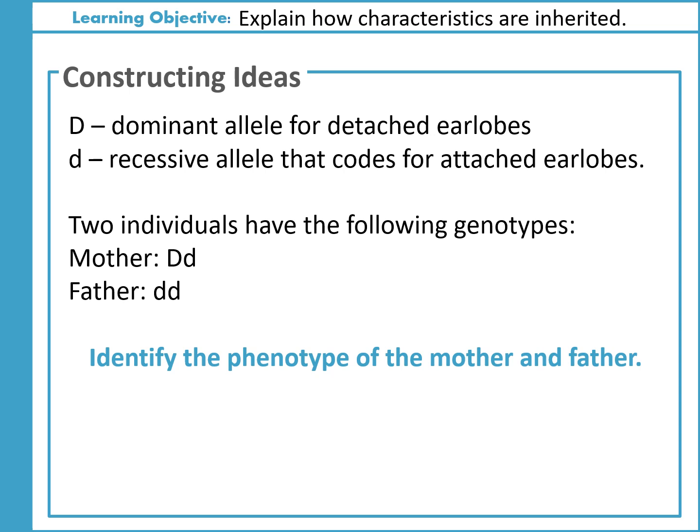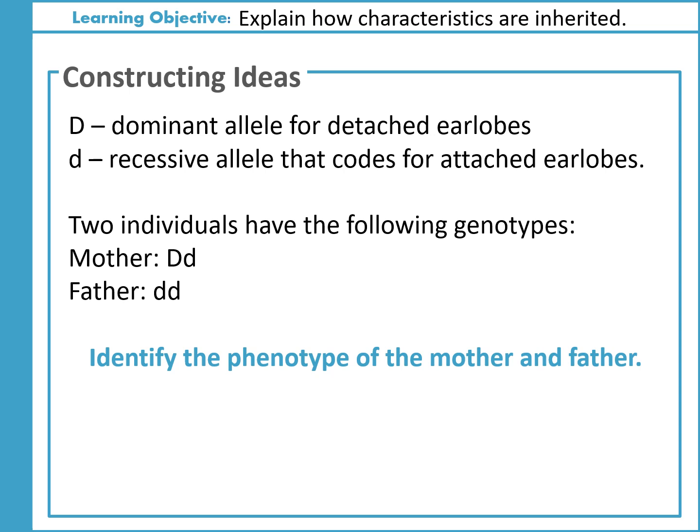Most people have detached earlobes. The small d or lowercase d is the recessive allele, and that codes for attached earlobes. So less people will have attached earlobes because you need two copies of the recessive allele in order for you to have attached earlobes.